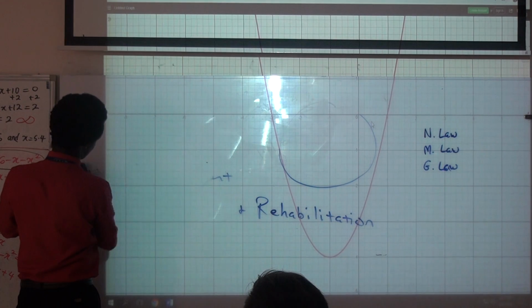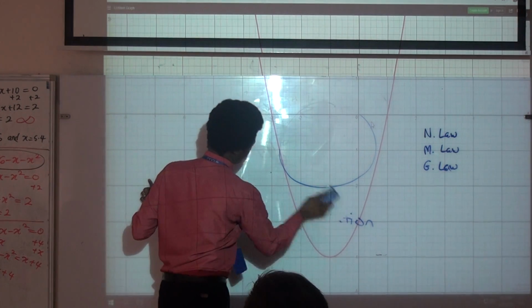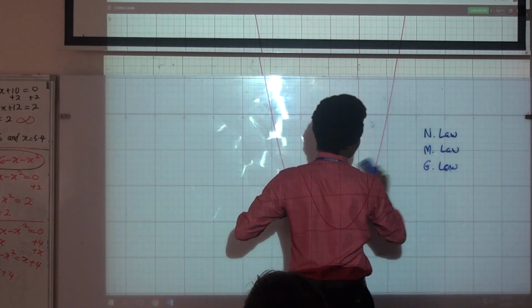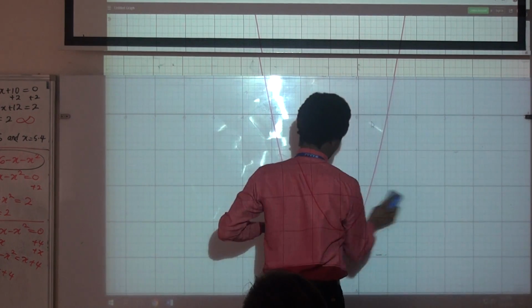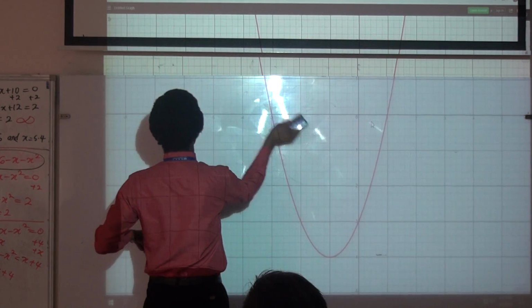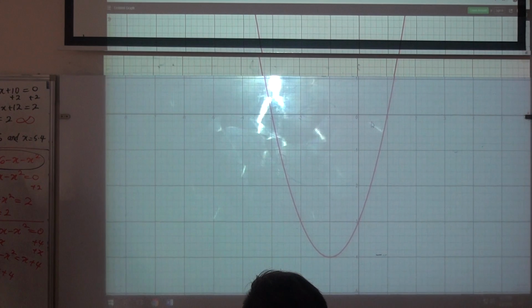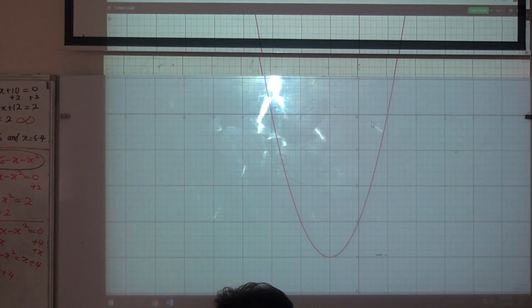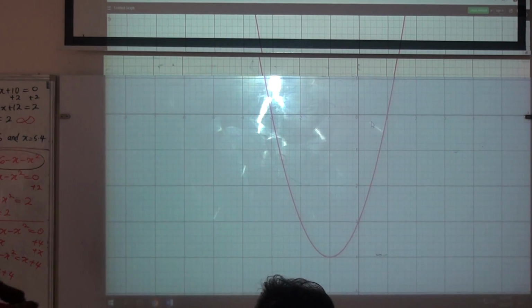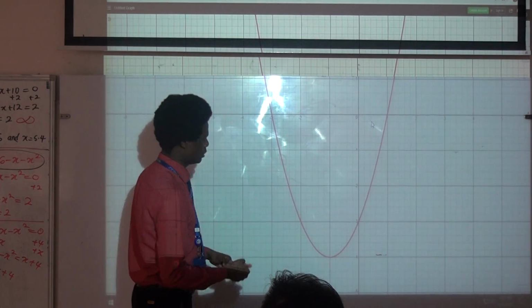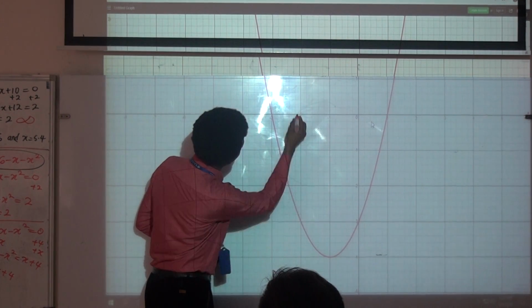What's the first question? Draw a tangent to the curve at where? At x equals negative 2. Yes. Okay, so negative 2, x squared negative 2 is here.